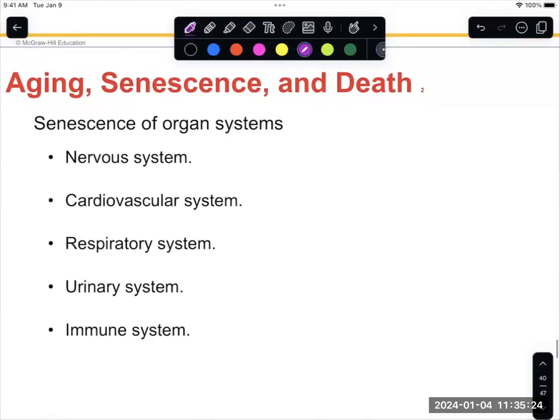In the nervous system, motor coordination, intellectual function, and short-term memory decline in old age. In that cardiovascular system, atherosclerosis causes a decline in cardiac output, and narrowed vessels increase the risk for thrombosis, leading to strokes and heart attacks.